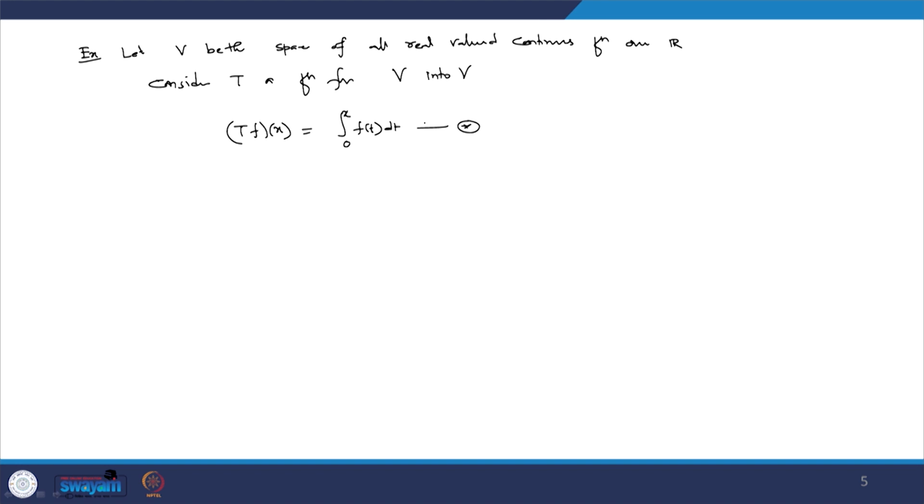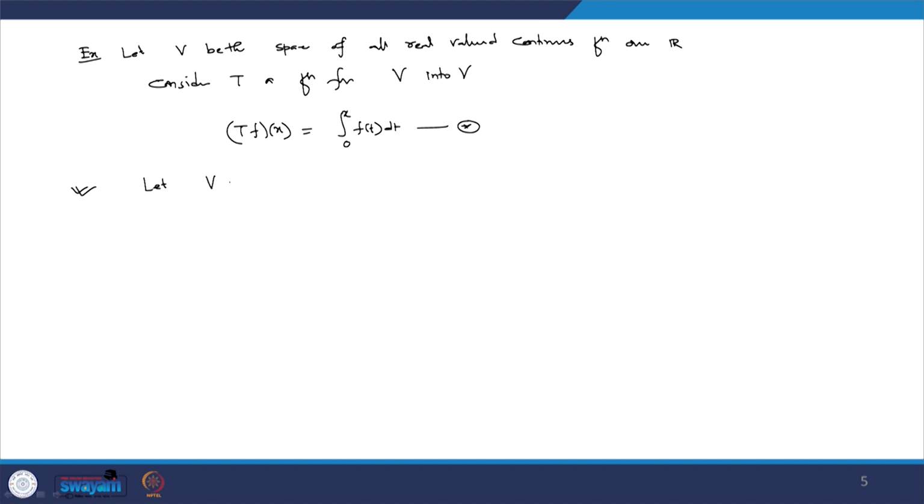If I define it like this, then this function T is a function from V into V and it is also a linear transformation. In fact, it is a linear operator because V equals W. Now, let me go to these specific linear operators, linear operators of finite dimensions.